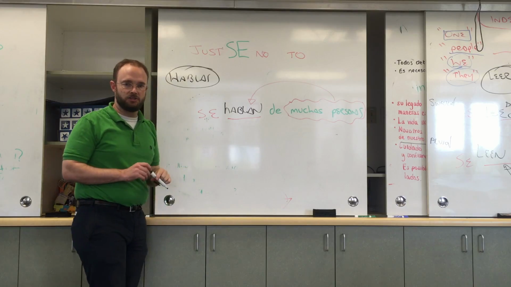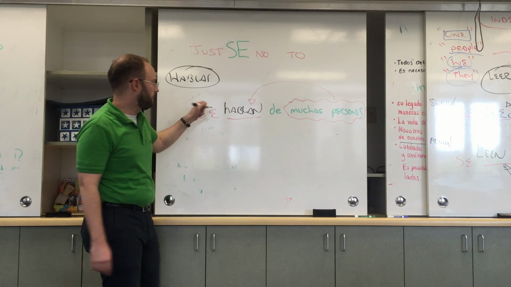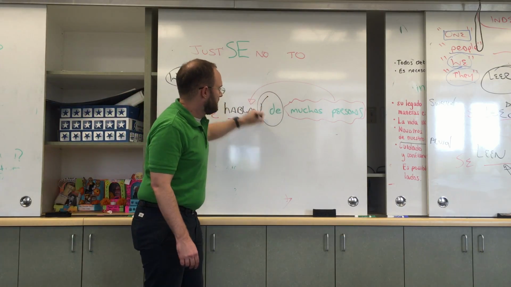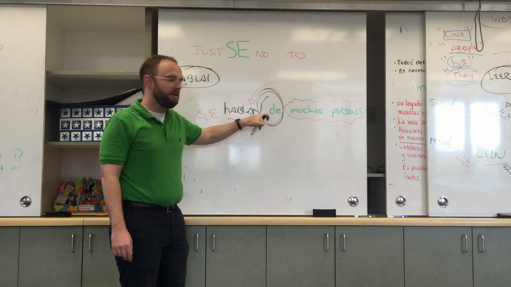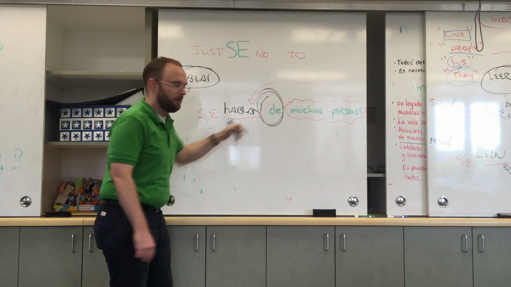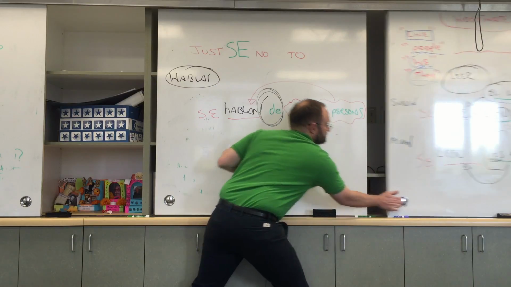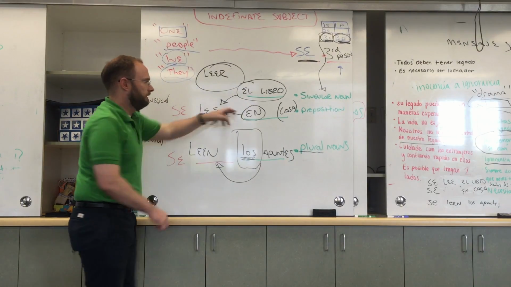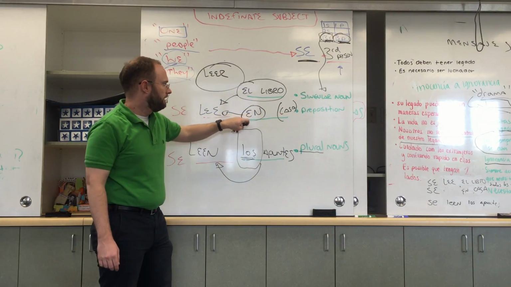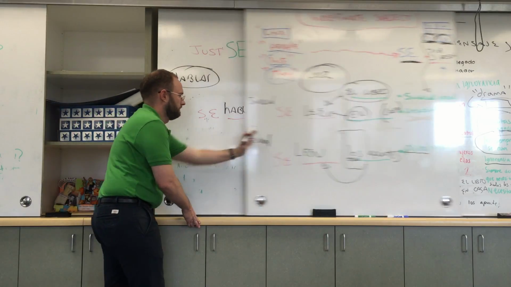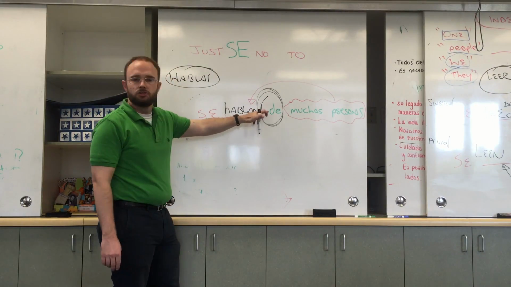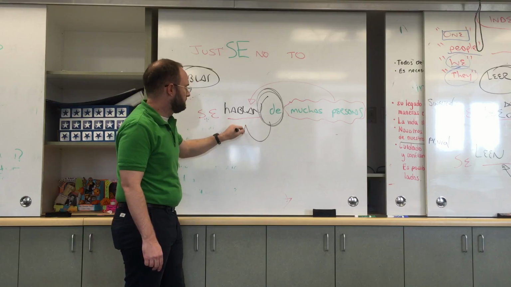This person is going to write hablan. And that person's Spanish teacher is going to be very unhappy because that person is not looking at the very next word. The very next word is a preposition. En or de. So we have de, that's a preposition.